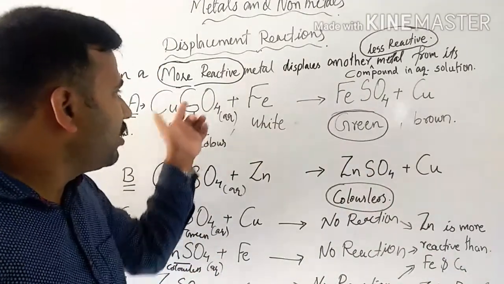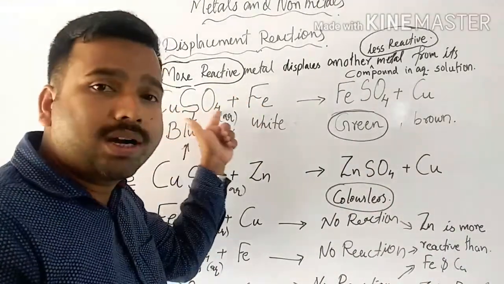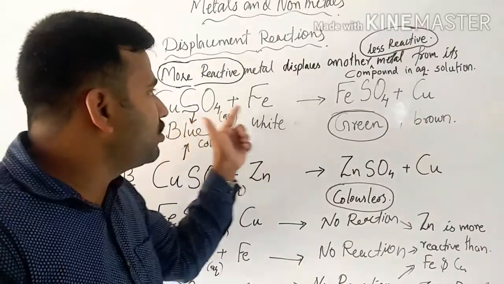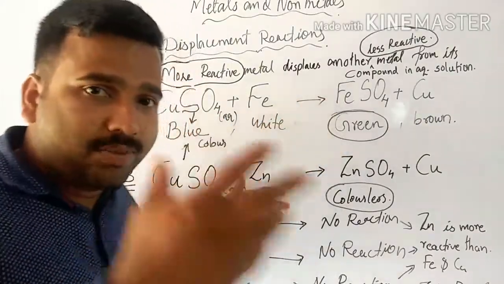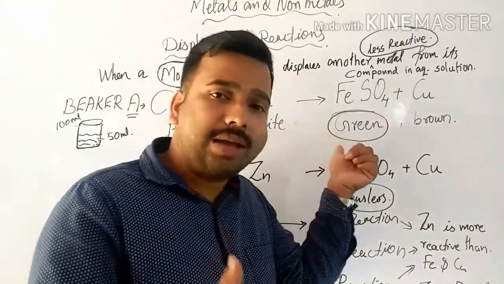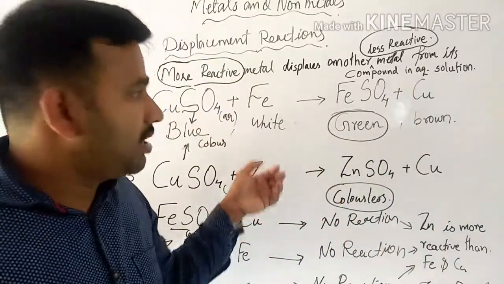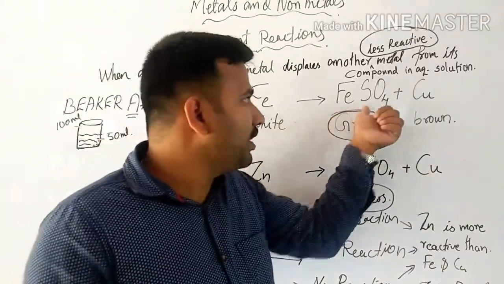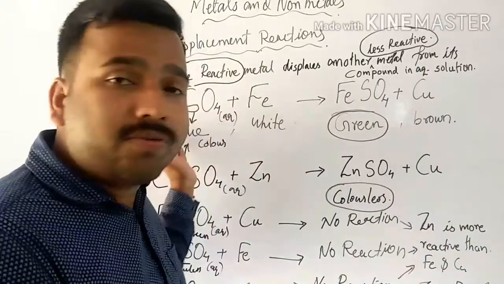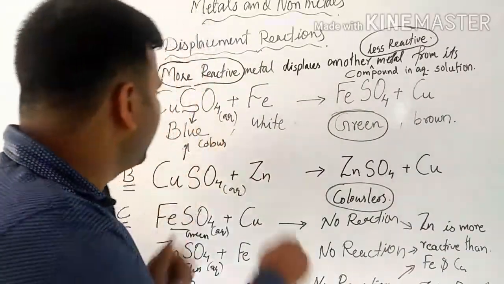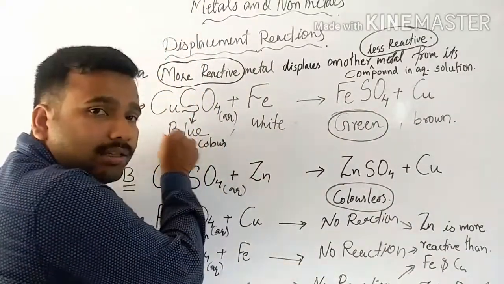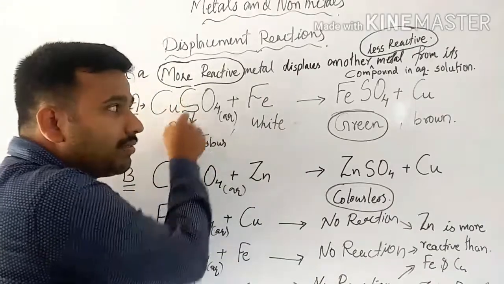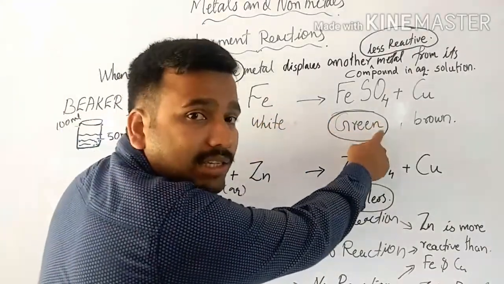Remember, when you place an iron nail in blue copper sulfate solution, what happens after some time, say after 1 hour or 2 hours? The observation is that the blue color of the copper sulfate solution slowly changes into green.